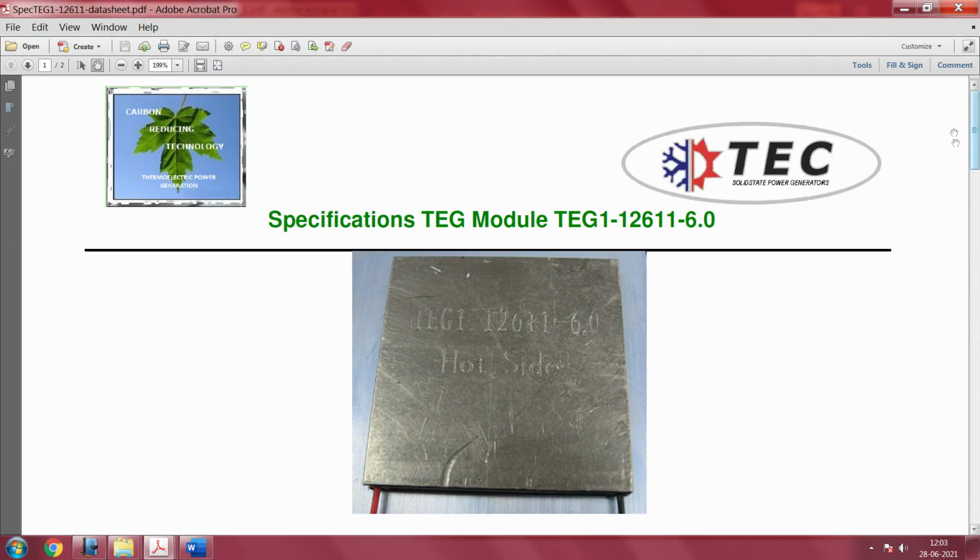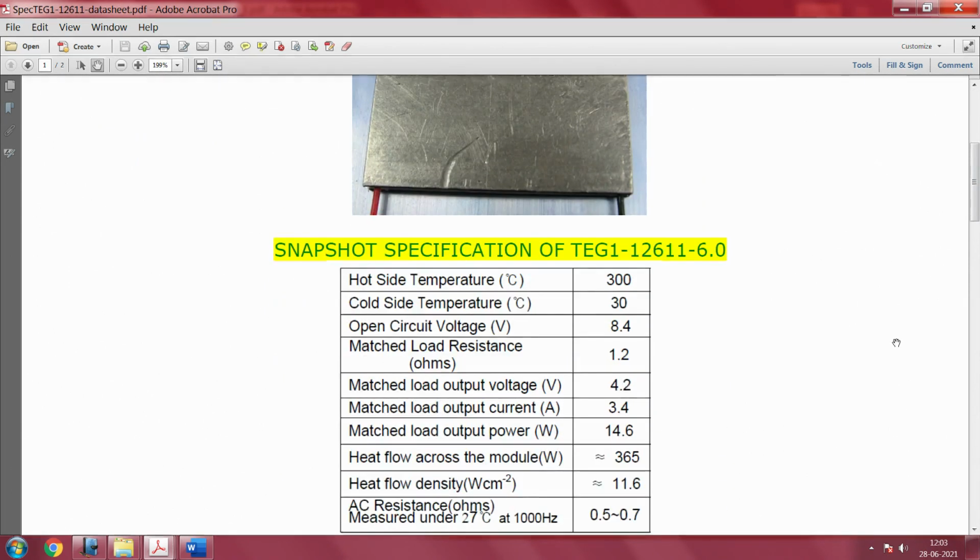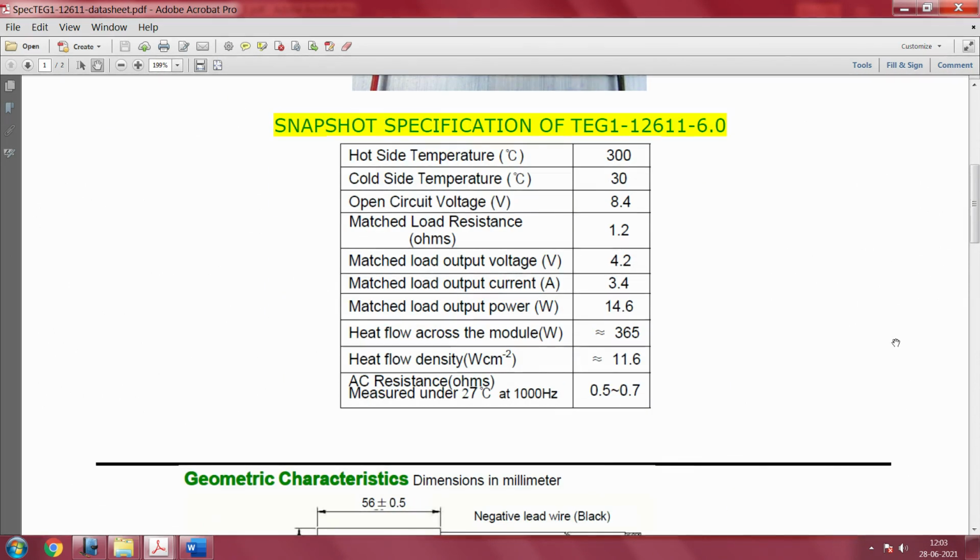What you see in this picture is essentially the data sheet of a company. This is the specification of the TEG module, and you can see the high temperature is 300 degrees Celsius, and the cold side can go up to 30, so you can heat up to this much.